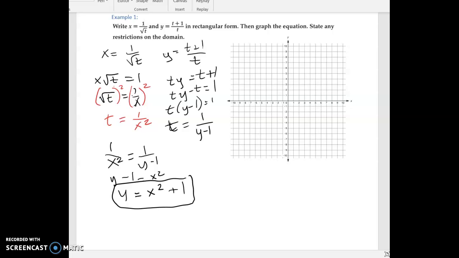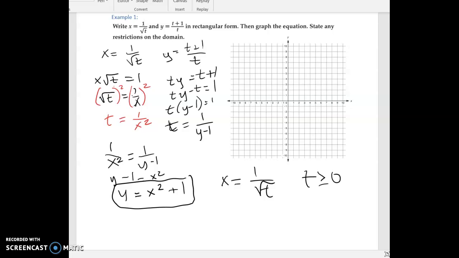So what kind of restrictions are we looking at? Well, in y equals x squared plus 1, x could be all real numbers. There aren't any restrictions on what x can be there. But if I look at what x was originally equal to, 1 over the square root of t, first of all, I can't take the square root of a negative, so t would have to be greater than or equal to 0.